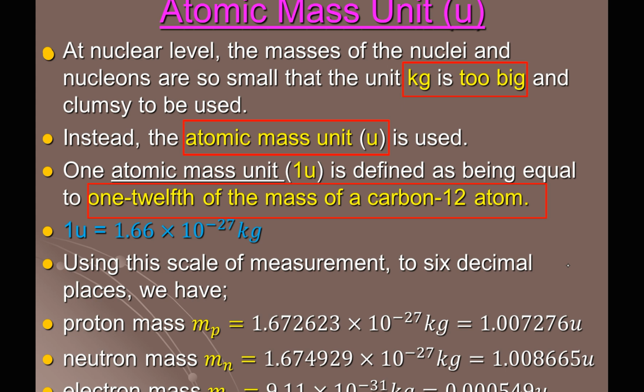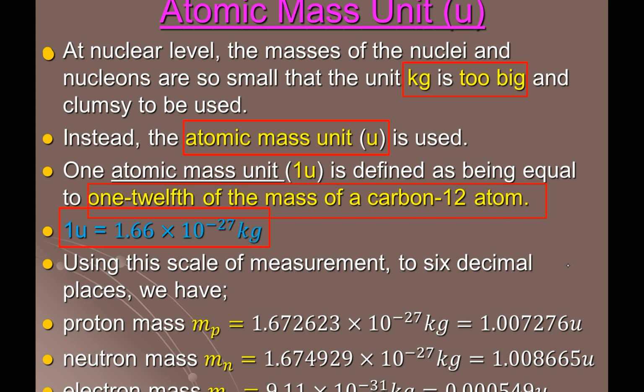In other words, 1/12 times the mass of a carbon-12 atom. This results in 1 u being equal to 1.66 times 10 to the power of minus 27 kilograms.